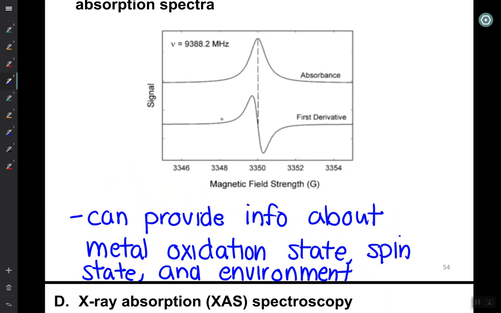Interpreting EPR spectra is much harder to do than interpreting NMR spectra. So often you need to have a specialist to interpret very complicated EPR data.